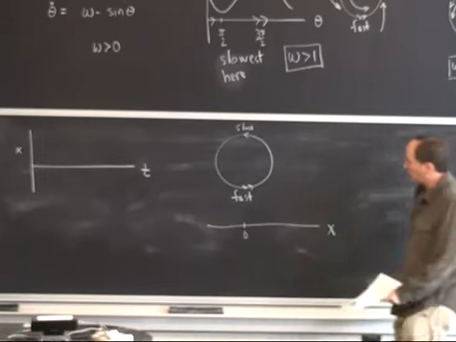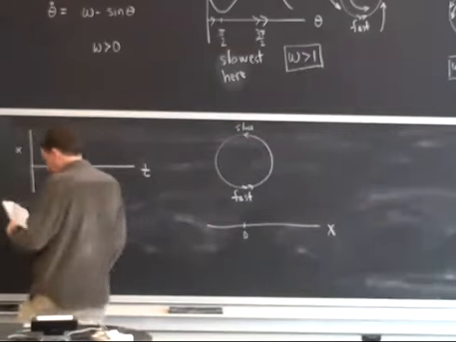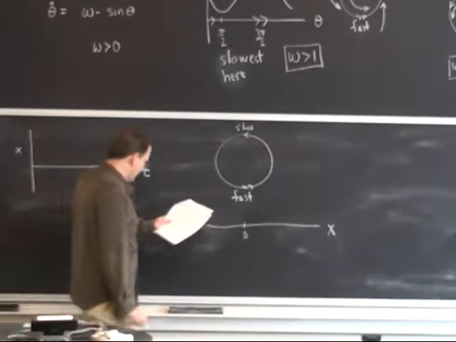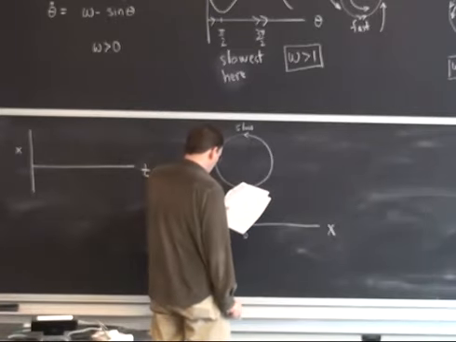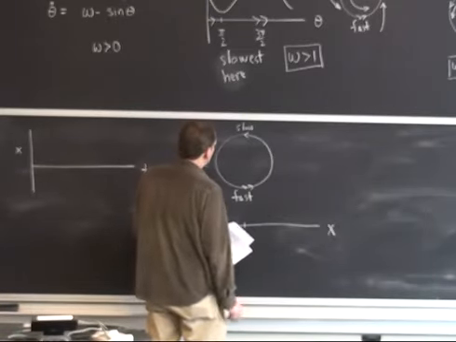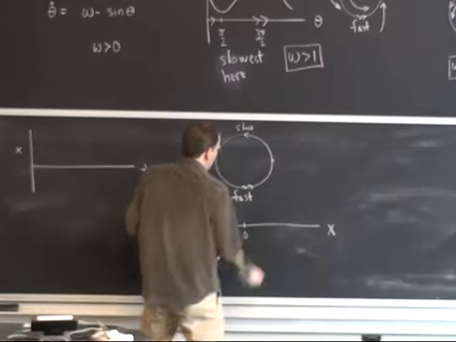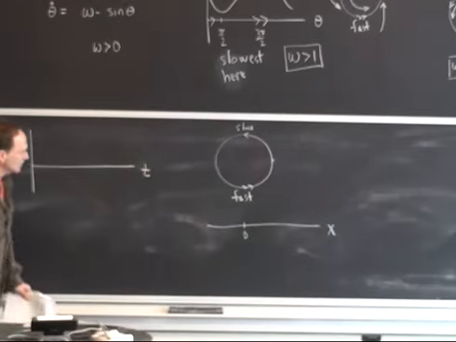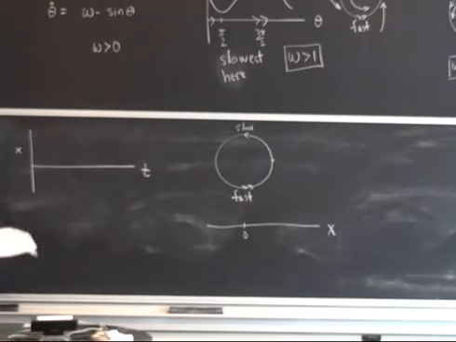So let's see what happens. Let's try to draw x as a function of time, starting, say, right here, due east. Is that reasonable? I don't know. So what's going to happen?